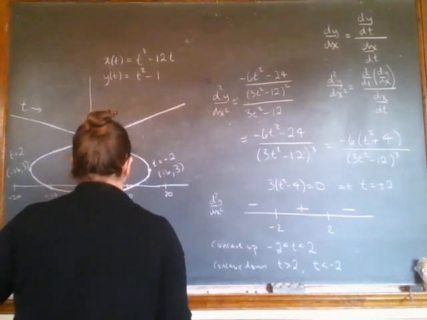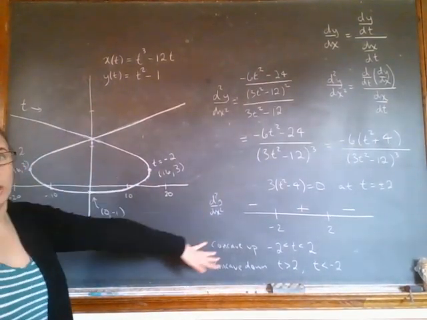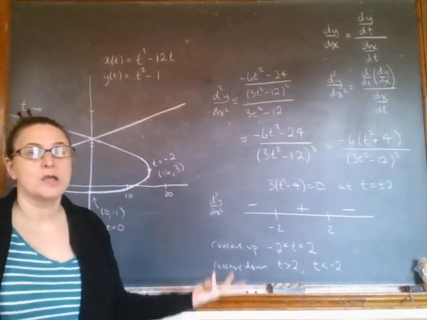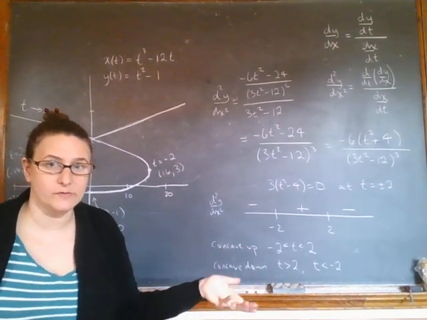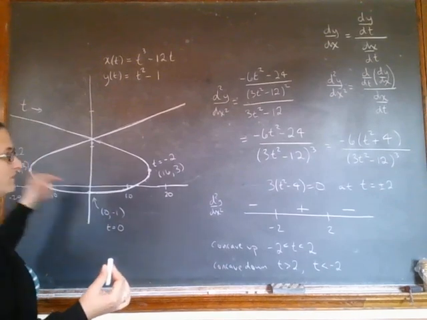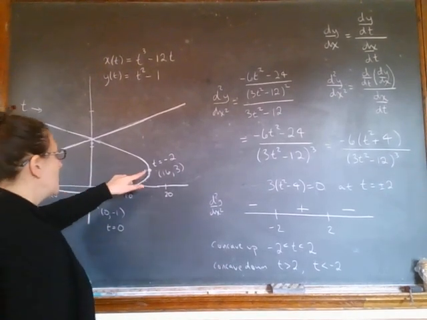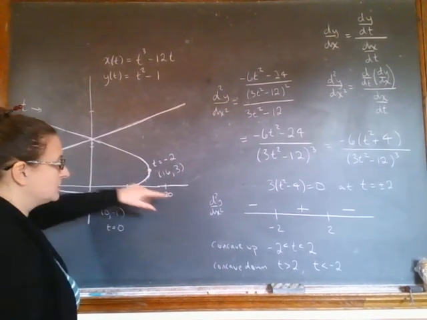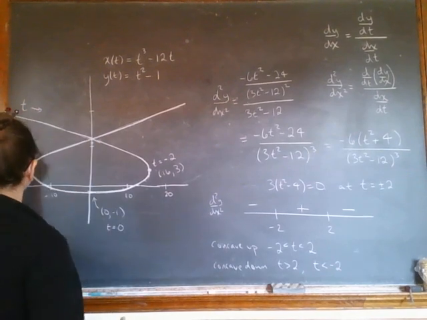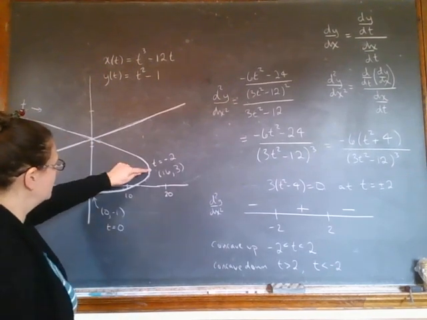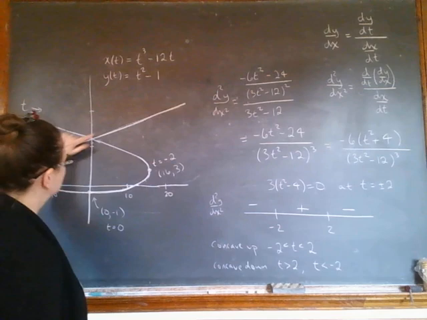All right? So remember, it's t though. And in fact, if they wanted the points, we have the points because we found them from the previous part. But t less than negative 2 is this branch, and t greater than 2 is that branch.